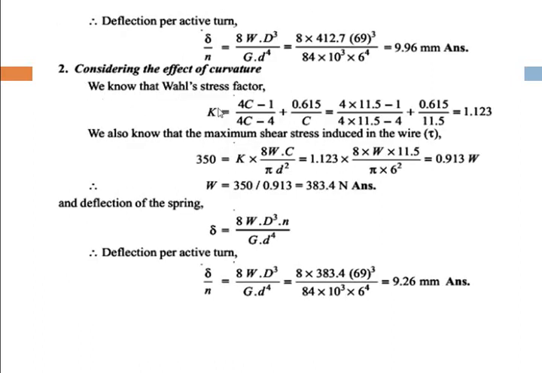And here we are finding out with considering the stress concentration, that is, considering the effect of curvature. We know the Wahl's stress factor K is equal to (4c minus 1) by (4c minus 4) plus 0.615 by c.